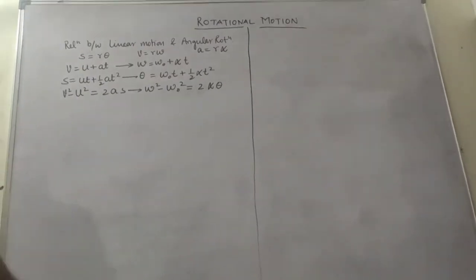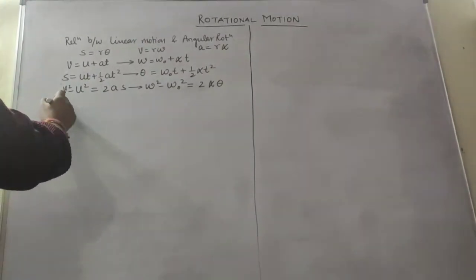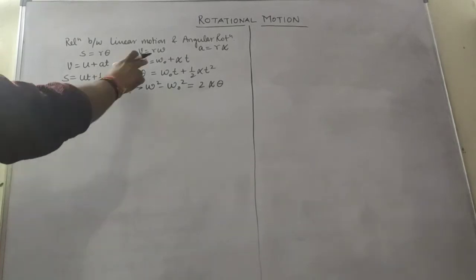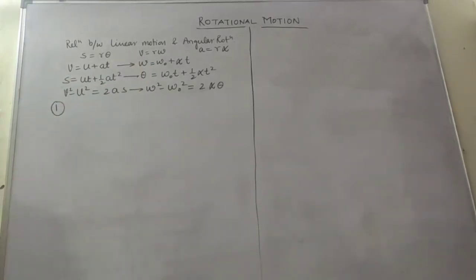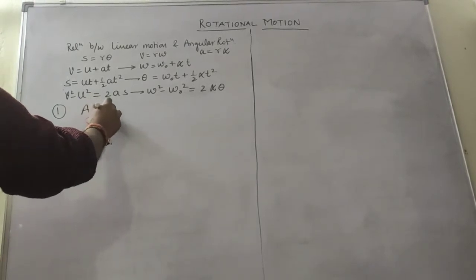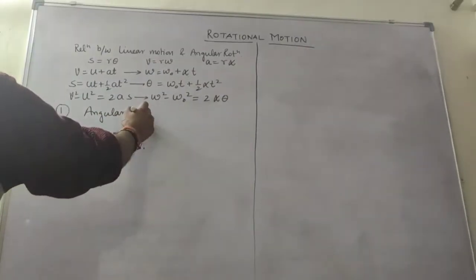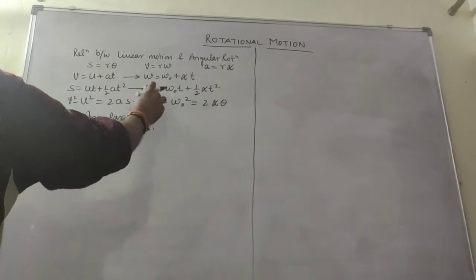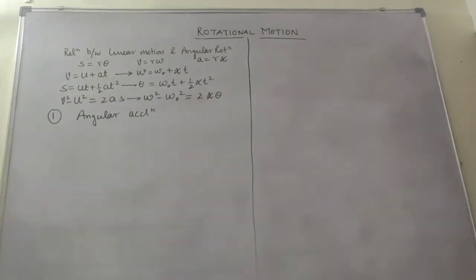So again, the first equation of motion is this one. What is angular acceleration? We have to start with angular acceleration because we have to derive a relation which has velocity.